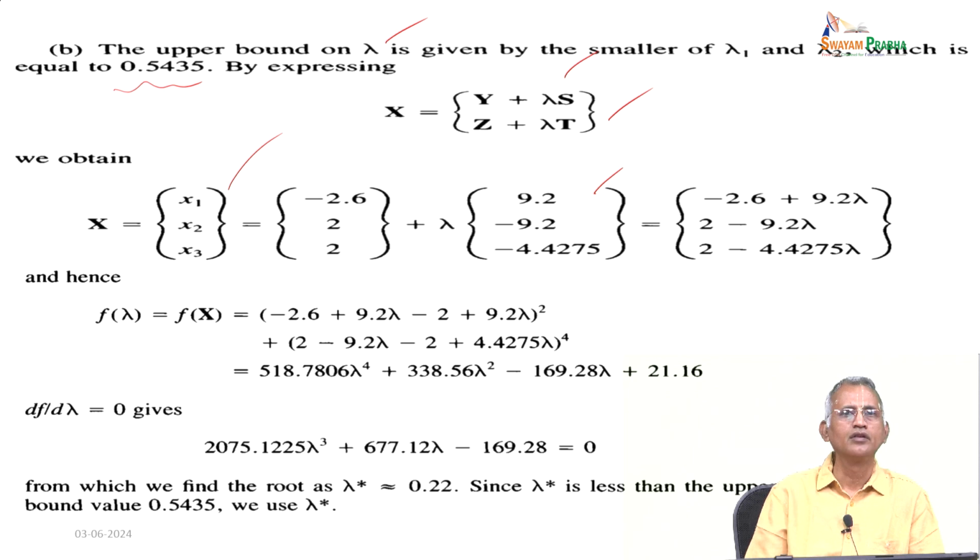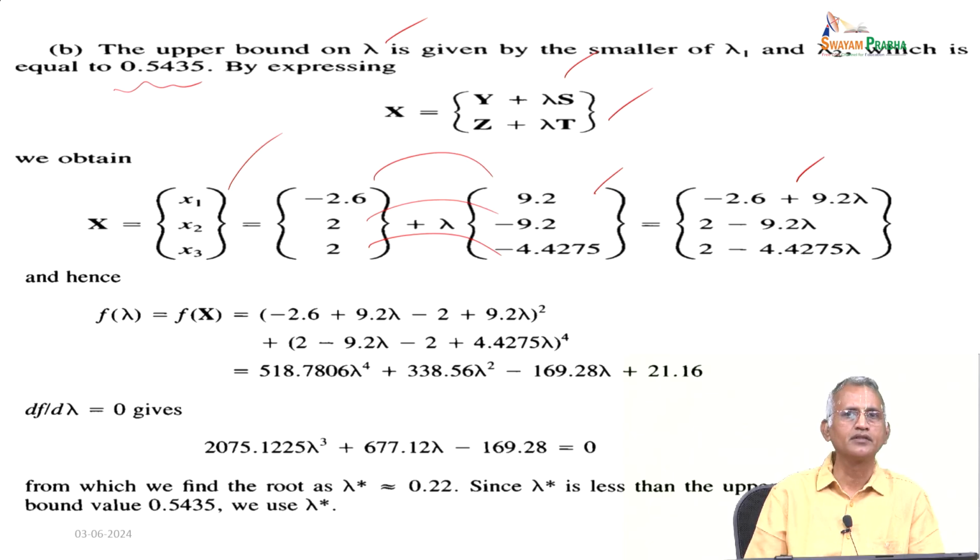Now, you know, the simple addition of corresponding entries: minus 2.6 plus 9.2 lambda, next one is 2 minus 9.2 lambda, third one 2 minus 4.4275 lambda.